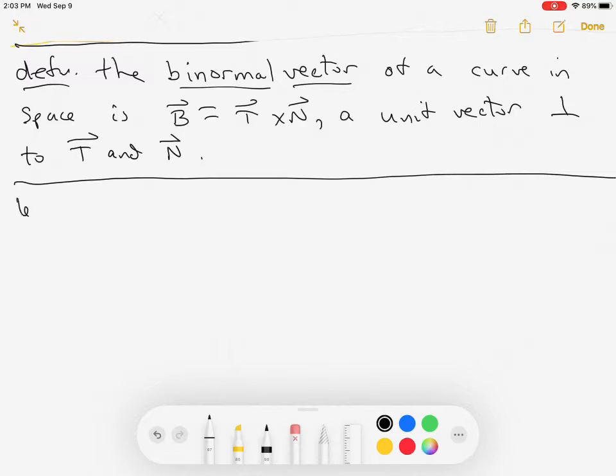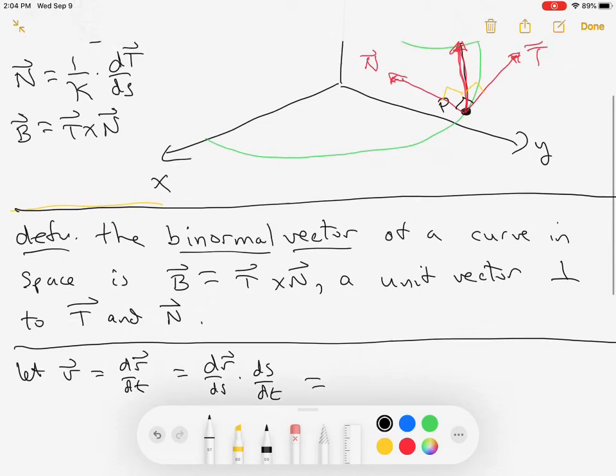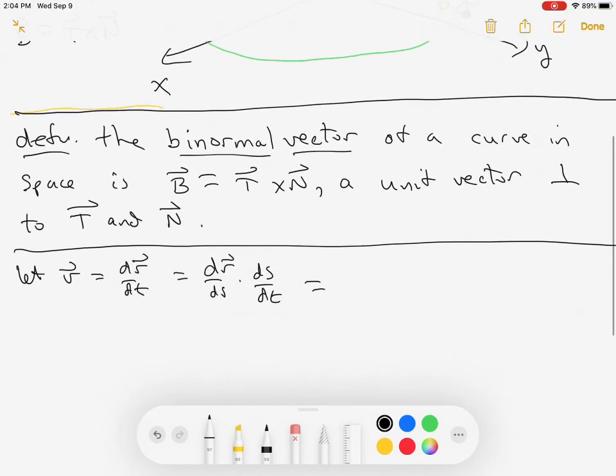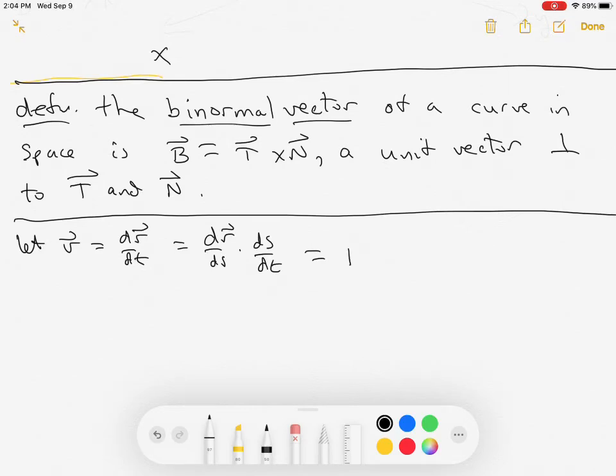So we're going to let v, which is the derivative of r, be dr/ds times ds/dt by the chain rule. And dr/ds above we showed is T. So this is T times ds/dt, okay?